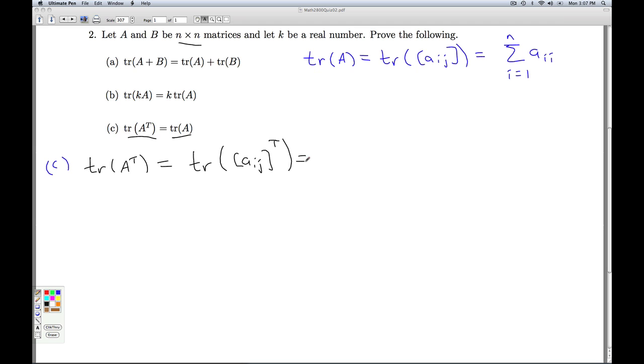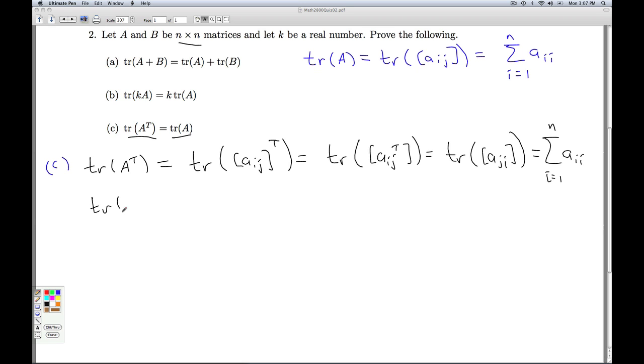So this is the trace of the matrix a_ij transpose, which is the trace of (a_ij) transpose. What we do is we interchange the i and the j. So this is the trace of the matrix a_ji. The ij entry of the transpose is the ji element of A. Now when we take the trace of this, we still set i and j equal: the sum i goes from 1 to n of a_ii.